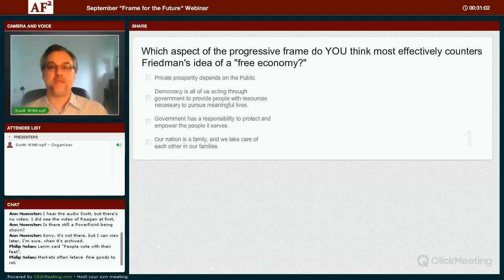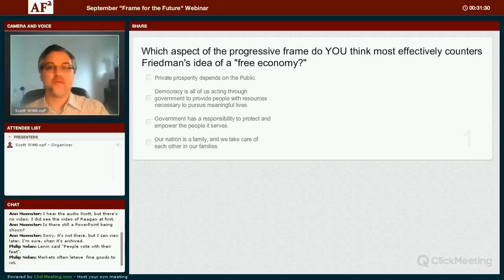Free economy meaning government should not interfere. Here are the choices. Private prosperity depends on the public. The idea that democracy is all of us acting to provide people with resources necessary to pursue their lives. Government has a responsibility to protect and empower the people it serves. Or our nation is a family and we take care of each other in our families.